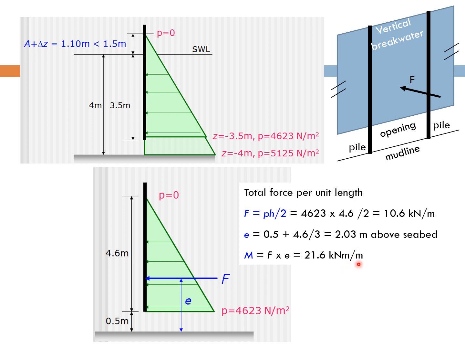Now, it is again important in this case for us to consider the moment arm from the seabed, because the entire breakwater setup is hinged at the seabed instead of at the lowest point of the panel, which is why our moment arm E must be measured from the seabed rather than from the lowest point of the vertical panel.